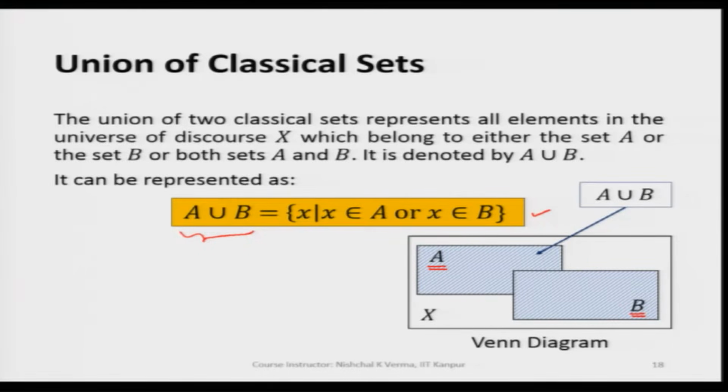So, this means that we take all the elements of A and B both. We see here the shaded portion of A and B, and these two together give us the union of classical sets.